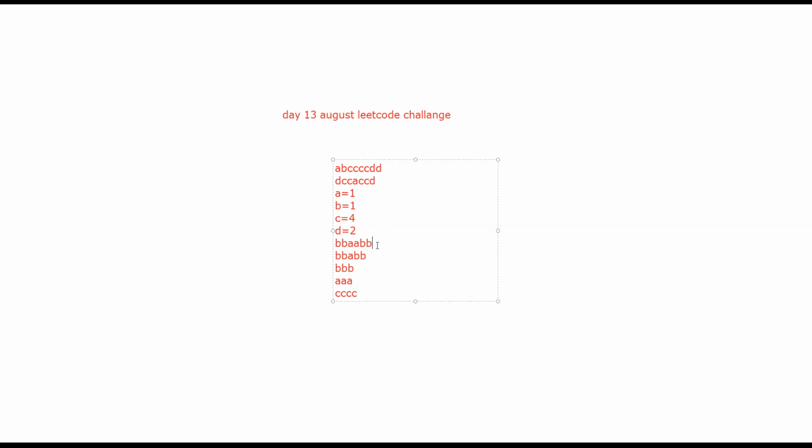Suppose there is a situation where A is repeating 1 time and B is repeating 3 times, and suppose A is repeating 5 times, let's say. So A is repeating an odd number of times and B is repeating an odd number of times. In this case, which character should we keep in the middle of the palindrome?